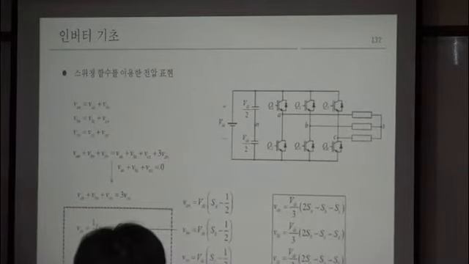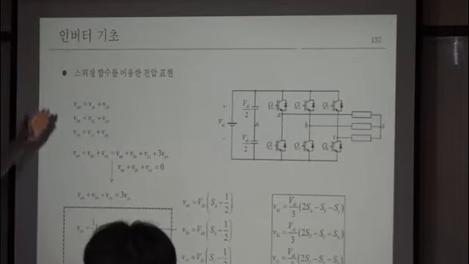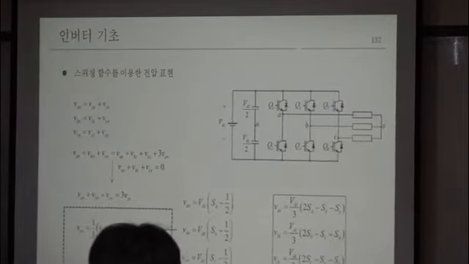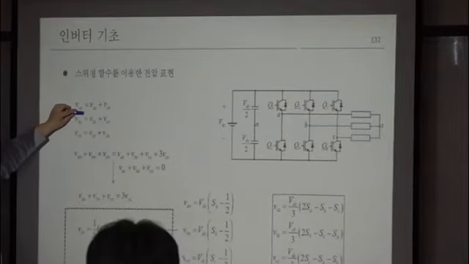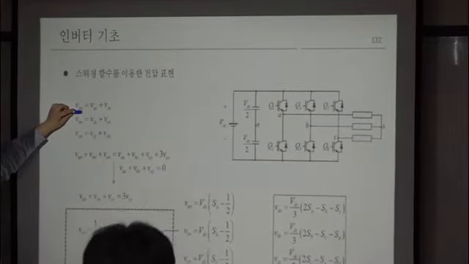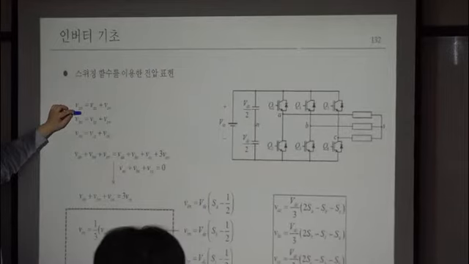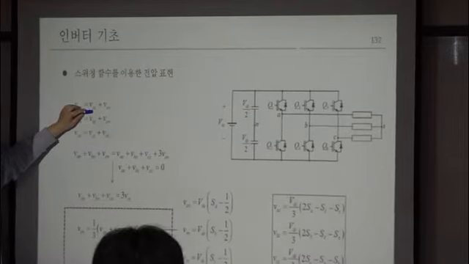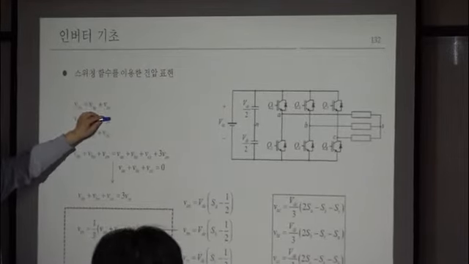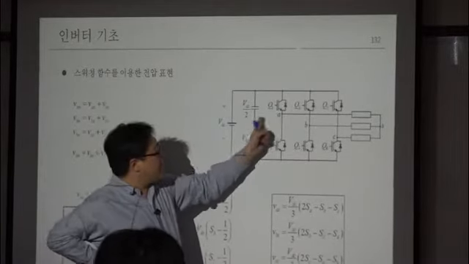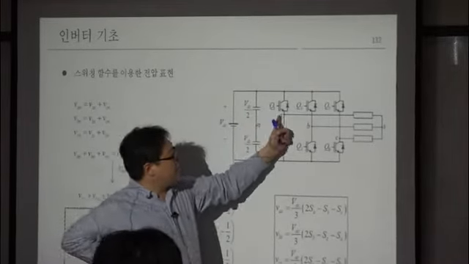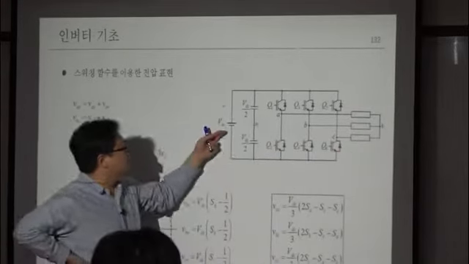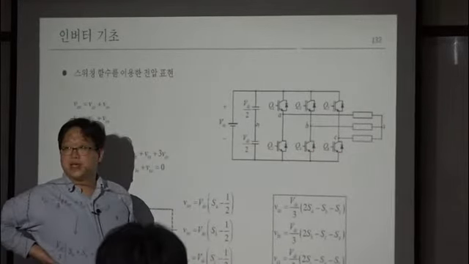Let's see the voltage expression using the switching function here. VAN, this is the pole voltage, right? And this can also be written as VAS plus VSN. What does it mean? VAN is VAS plus VSN. Does it make sense?